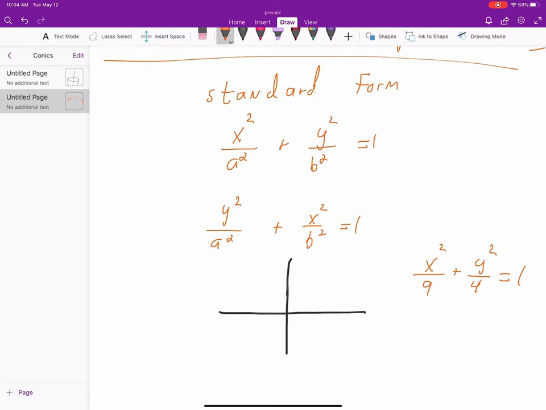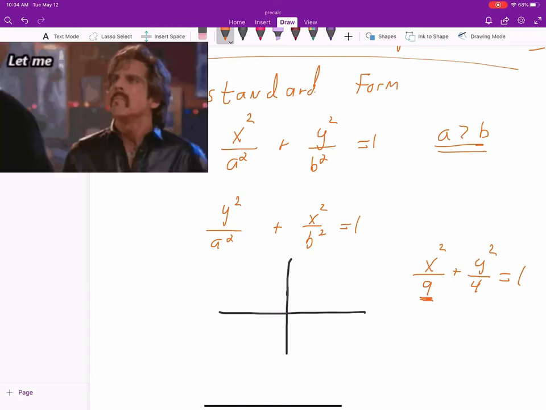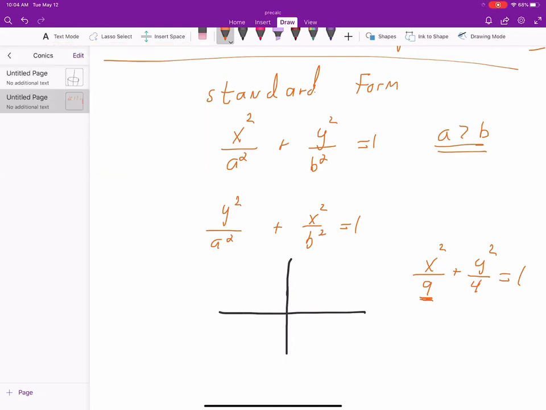Now a squared is right here. a is always longer than b, so a is greater than b all the time. Since this is 9 and 9 is bigger than 4, that's a squared. So a is 3. Square root that, b is 2.